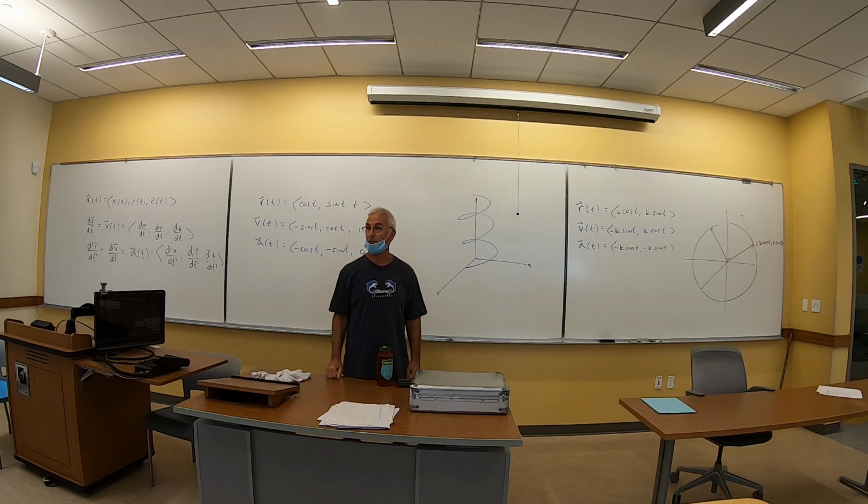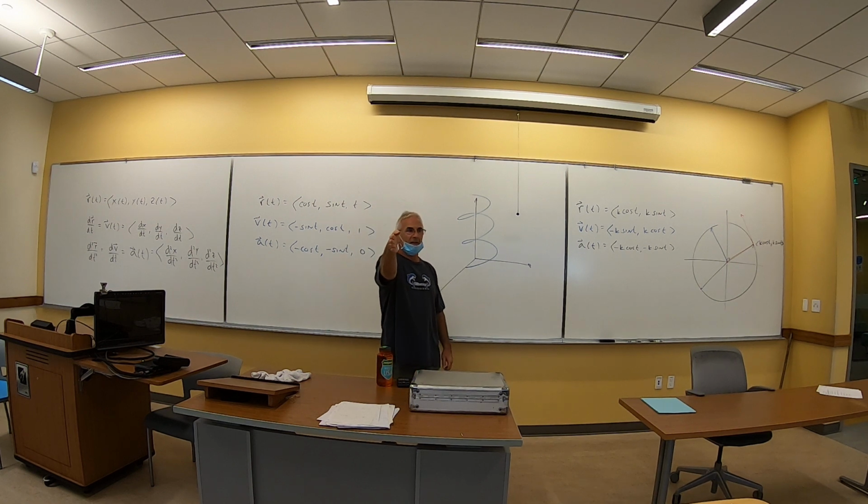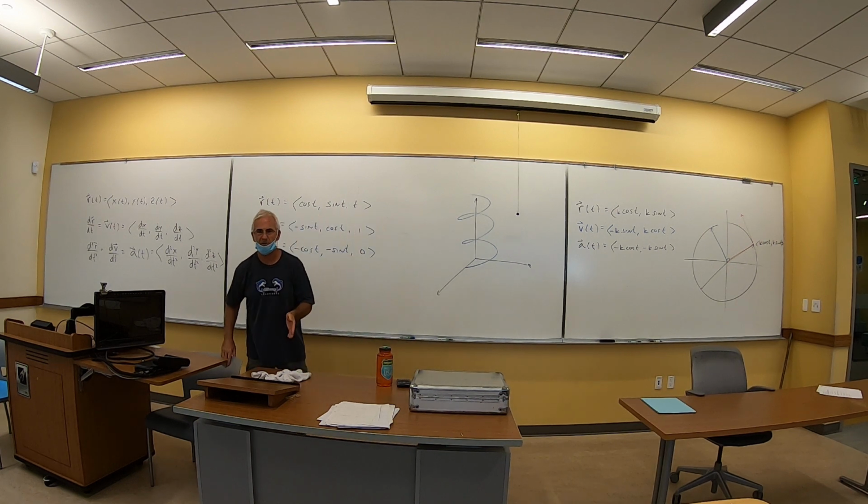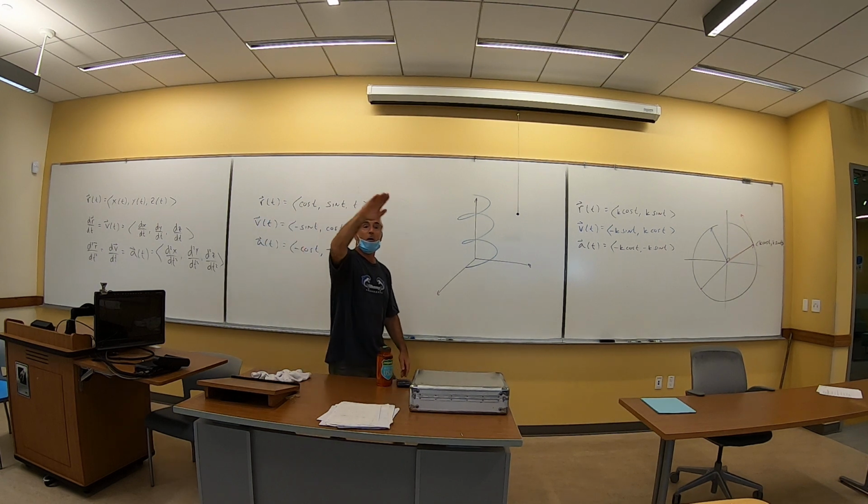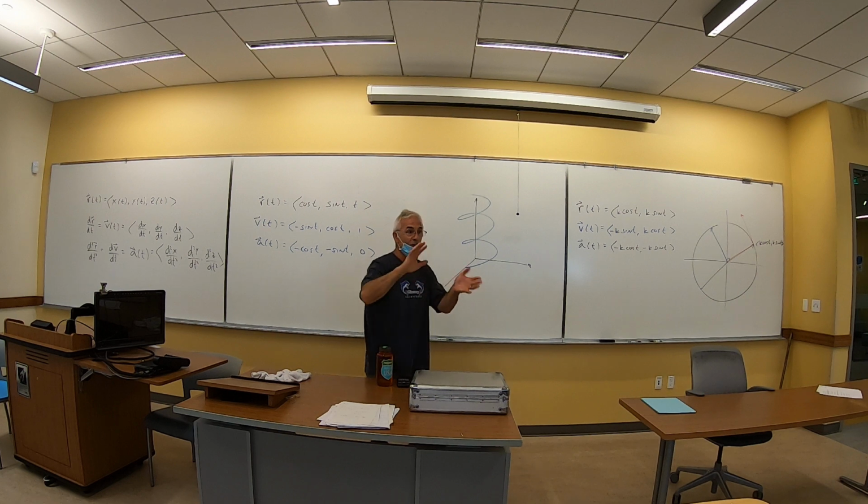It's always the center of a circle. But if my motion is linear, then my acceleration is going to be in that same direction, isn't it? Because I'm not turning. Okay? Linear motion is boring.